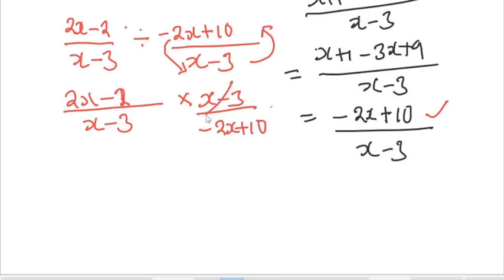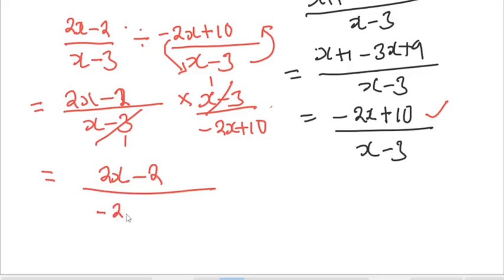So we can see this and this will cancel, it's a 1, even here 1. So we are going to have 2x minus 2 times 1 will get the same function, 2x minus 2 over 1 times this, you'll get negative 2x plus 10. This is what we are going to have.